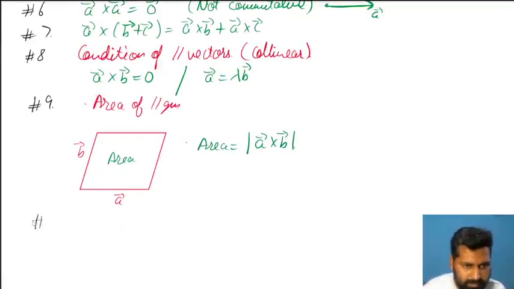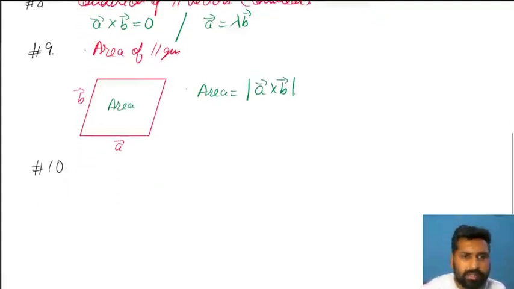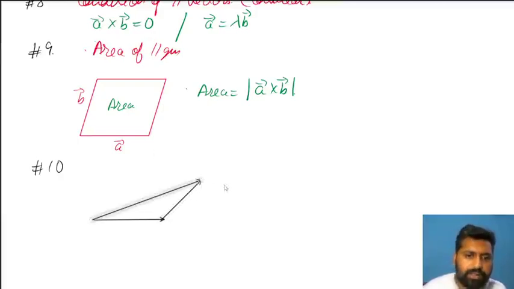Next application, we can calculate the area of a triangle, because the triangle of vector addition was also there. Let's say this was one vector, A vector, B vector, and if we join the resultant, it results like this, the third side.